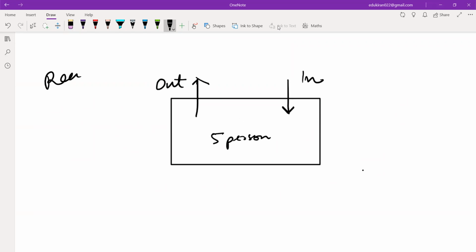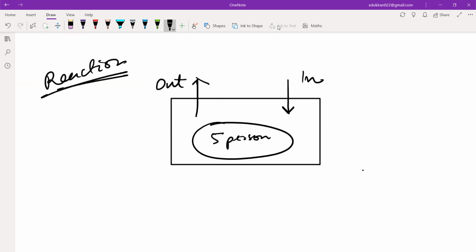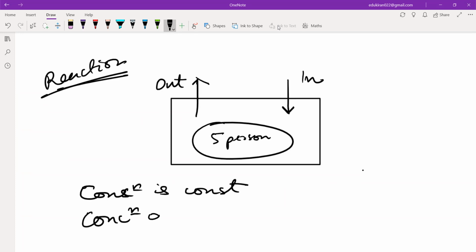Similarly, the reaction is going on, but the concentration of the reactant and the product is constant. It also does not mean the concentration of reactant and product will be equal. Concentration is constant, and concentration is the same: these are very different wordings.